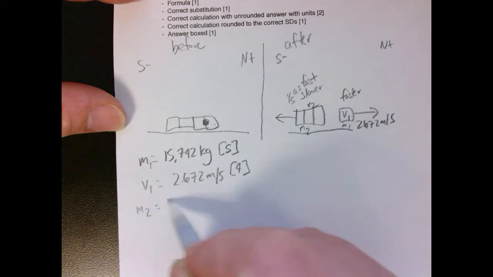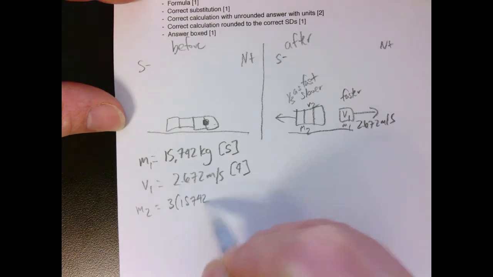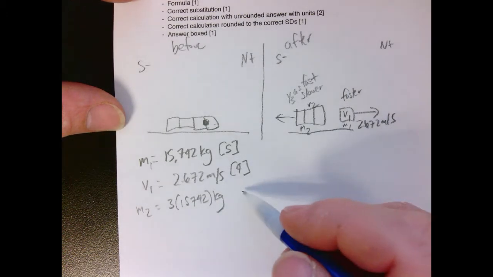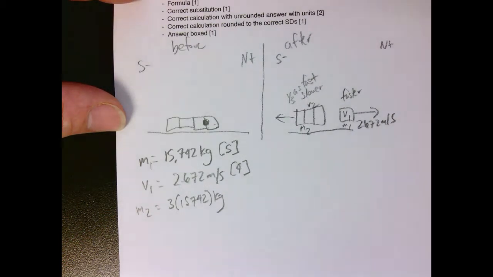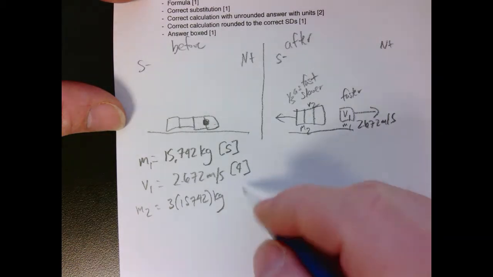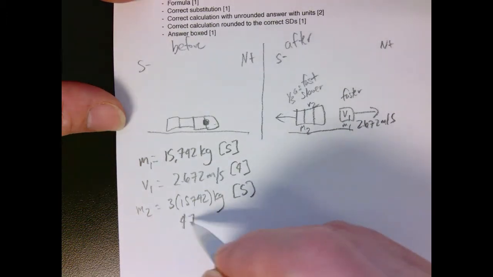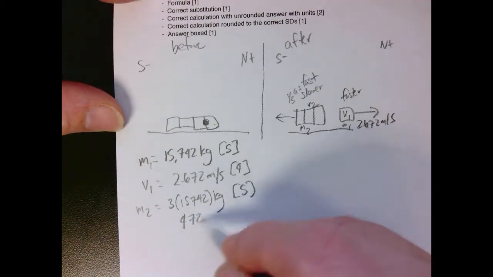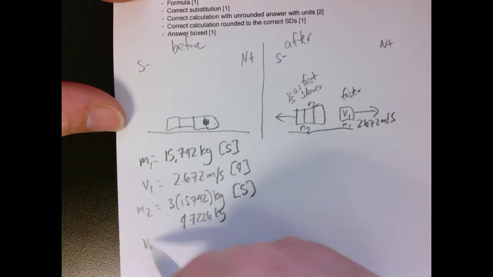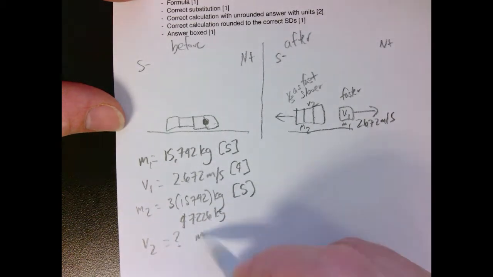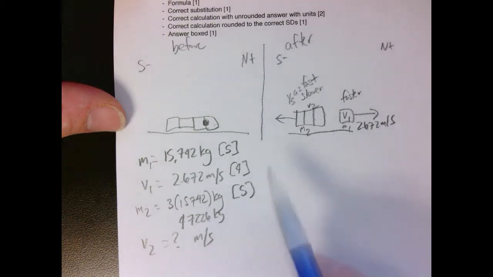So M2 is going to be 3 times 15,742 kilograms, and that'll have 5 significant digits as well. That number happens to be 47,226 kilograms. So we're looking for V2. What is that equal to?